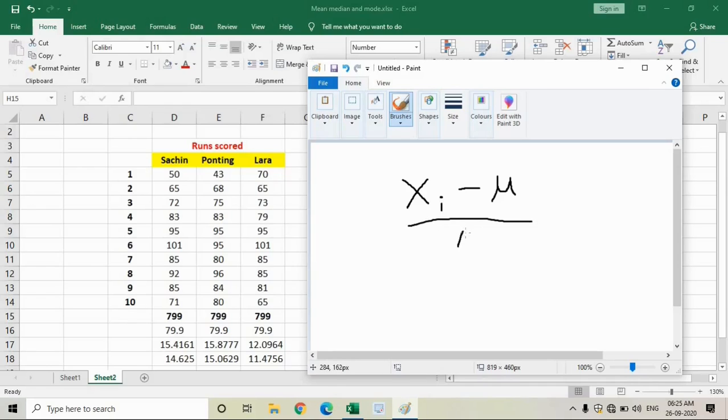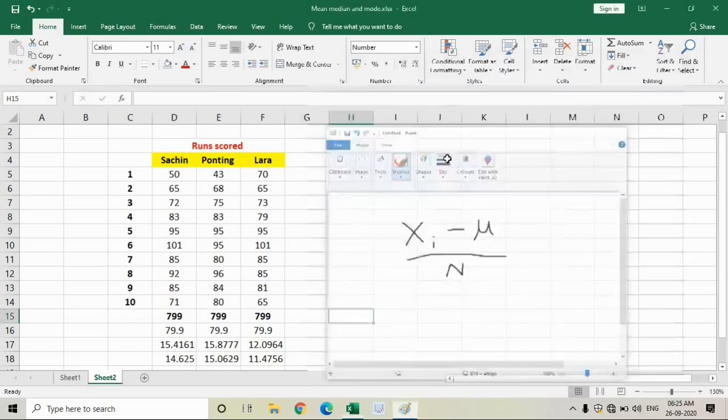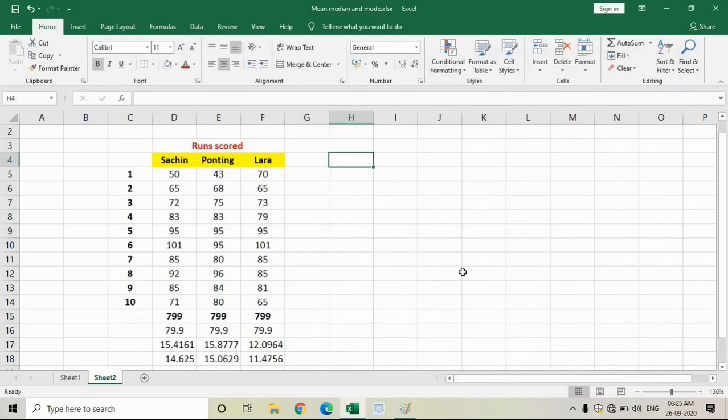For calculating the average I am using n, and let's understand this first. So x minus mean. Let's find that.